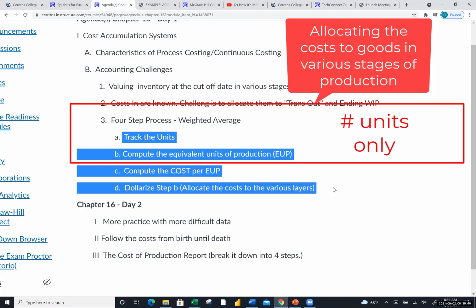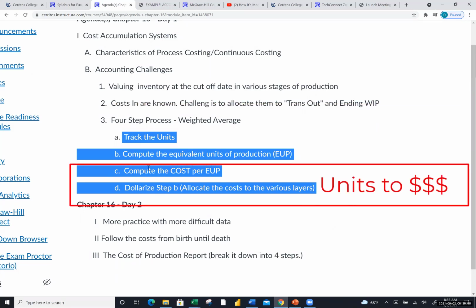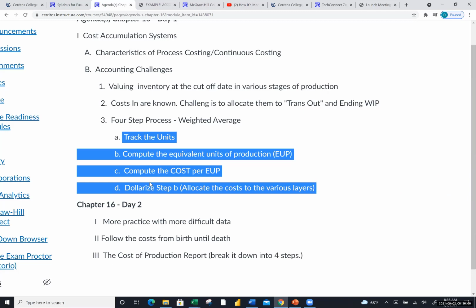Some of it's going to be irrelevant. You'll see me cross it out as we read through it. But in the first 2 steps, we want to hone our eyes in on just the units. And then in these last 2 steps, we will bring dollars into it. So we're going to demonstrate each one of these 4 steps. My hope is after class today, you should be able to do the entire chapter's worth of homework.